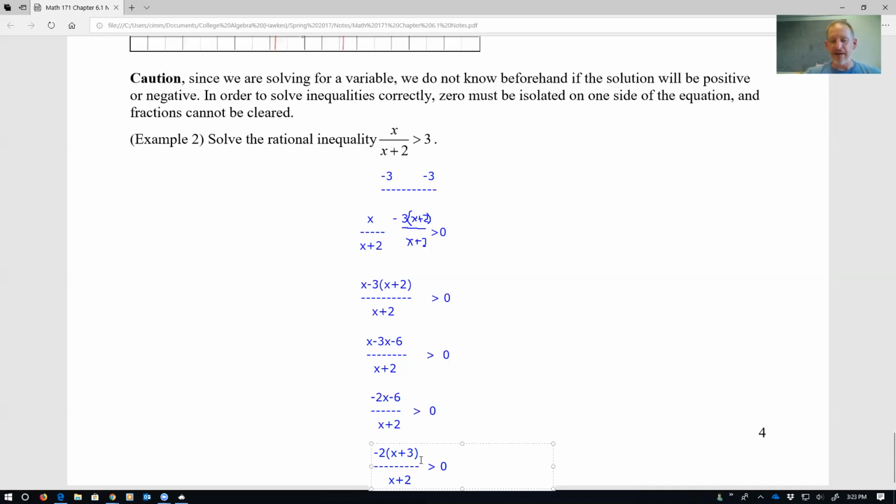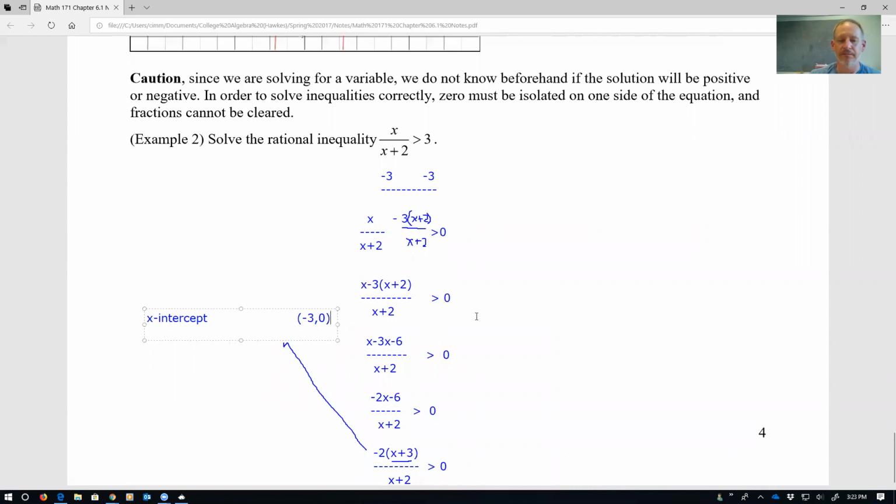At this point, I need to find those asymptotes and intercepts. If I set the numerator equal to 0, of course, negative 2 never equals 0, but when I set x plus 3 equal to 0, I know that x equals negative 3 is an intercept. So this is an x-intercept at negative 3, 0, and that's the only one.